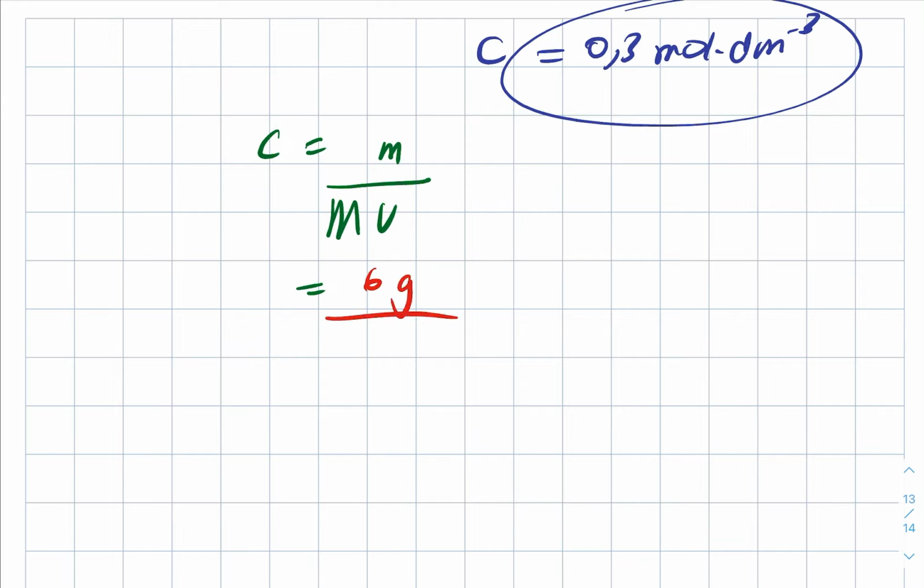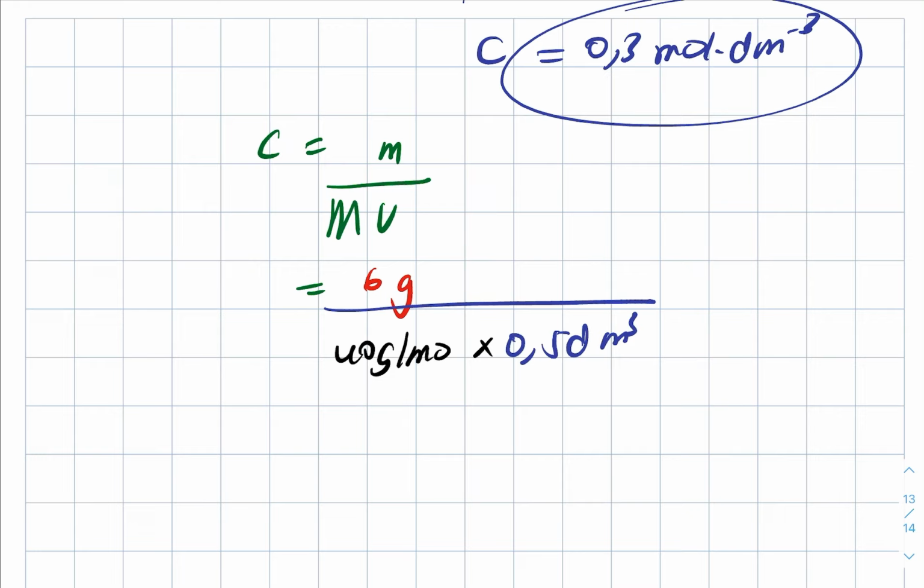That's going to be 6 grams divided by the molar mass, 40 grams per mole, like we said, and then we multiply by the volume, that's 0.5 cubic decimeter. And then when you punch the calculator, you should get 0.3 mole per cubic decimeter. Grams and grams again cancel.